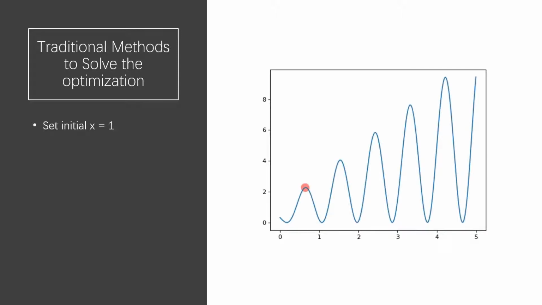Suppose that we set x to 1, and a traditional method will give us a solution of x equal to 0.75, and the objective value at 0.75 is around 2. But we can see from the graph that this solution is not good.